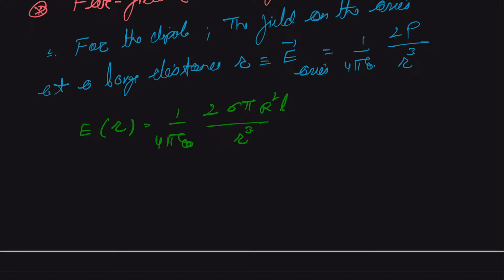In this case we are given the condition that the distance r is much larger than the radius of the disk as well as the distance between the disks.